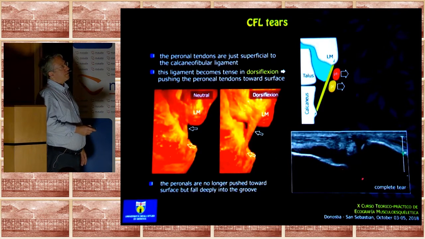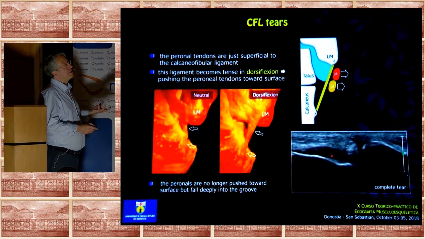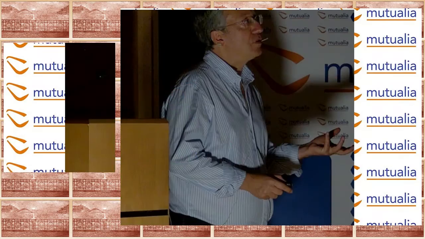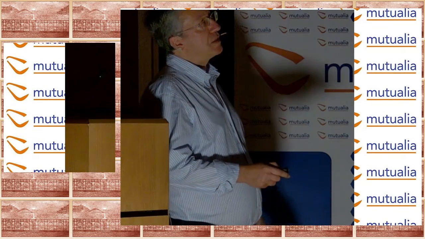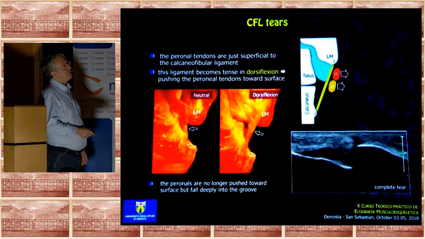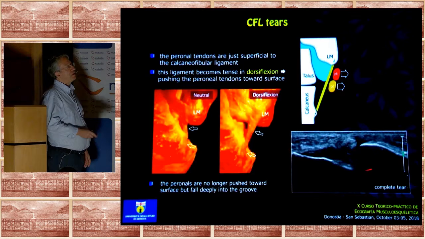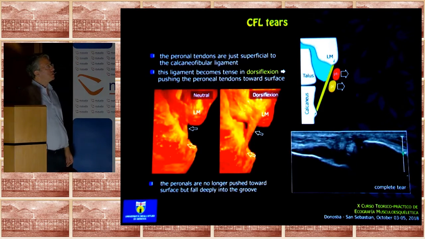This is another example, a patient with a very thickened and hypoechoic ligament, but is the ligament completely interrupted or not? In this case, you see that during dorsiflexion, the peroneals remain deep in the groove. They are not displaced by the ligament, and this sign indicates ligament discontinuity.